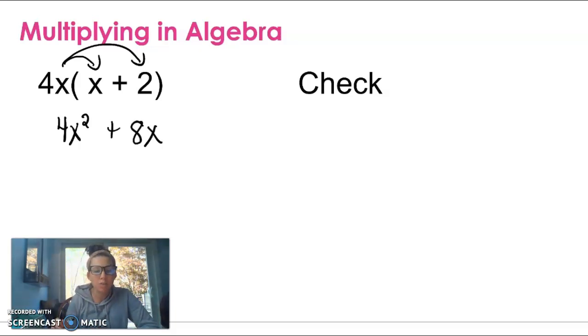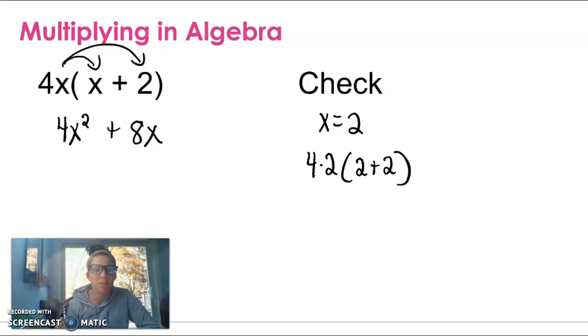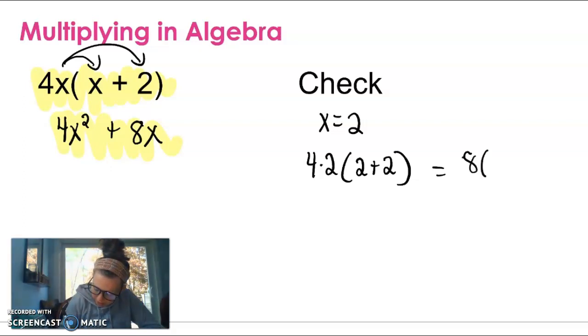And a way that you can check that is, let's pick a number, let's say 2. And we can actually plug it into the expression before and after. So we can do 4 times 2, and then 2 plus 2. And we're just checking to make sure that those two expressions are equal. The first expression here is equal to this second expression here. So then that would be equal to 8 times 4, which is 32.